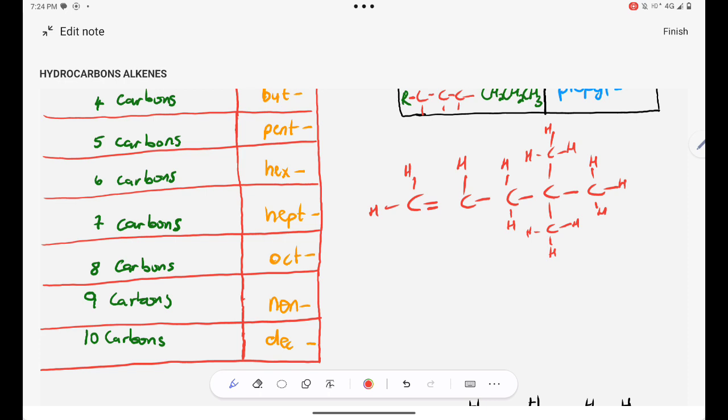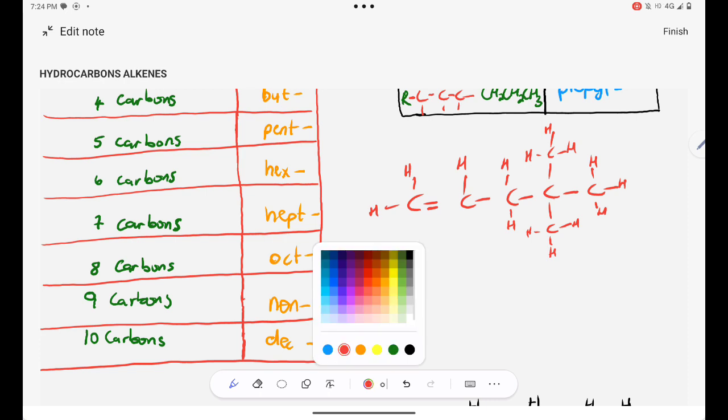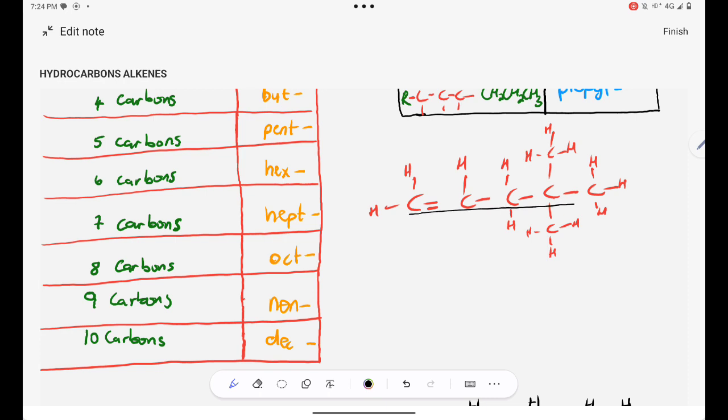Okay, the IUPAC name. If I want to give the IUPAC name, yes, this will be the parent chain, but I must start counting from the terminal which is closer to the double bond. So this will be carbon number 1, carbon 2, 3, 4, and 5. Yes, I do have substituents or additions to my alkene. Obviously, whenever I name, I must start by mentioning these additions.